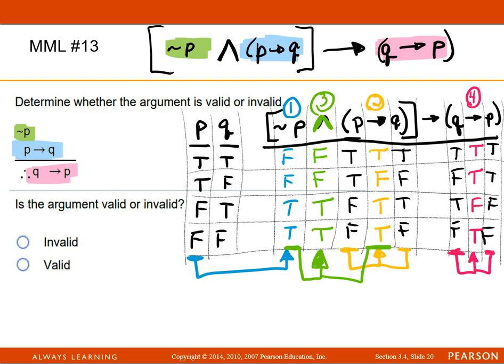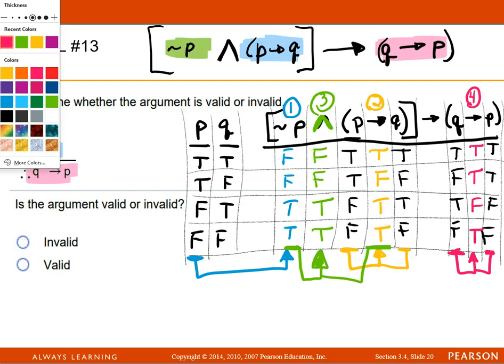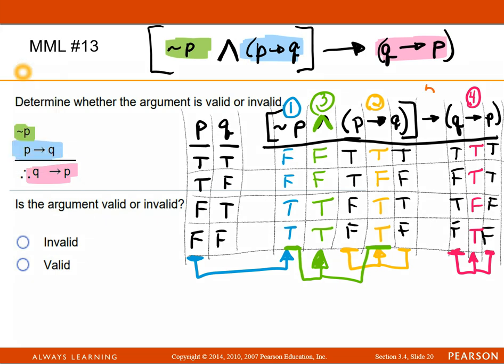And that brings me down to my very last step, which I will do in orange, and this is going to be step 5. On these things, this is always your last step, the if then that separates all of this and all of this.